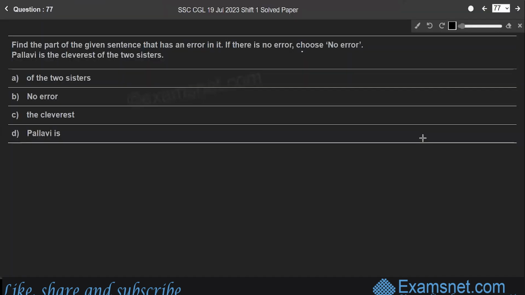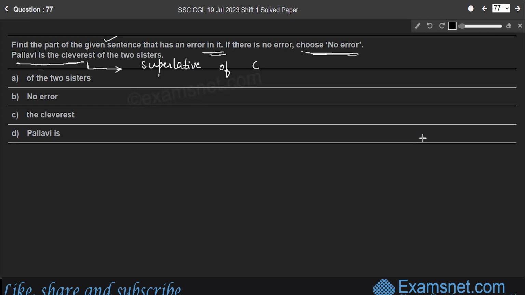Question 77. Find the part of the given sentence that has an error in it. If there is no error, choose no error as the option. Pallavi is the cleverest of the two sisters. Here students, cleverest is the superlative form of the adjective clever, right?